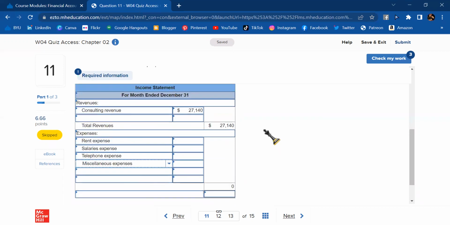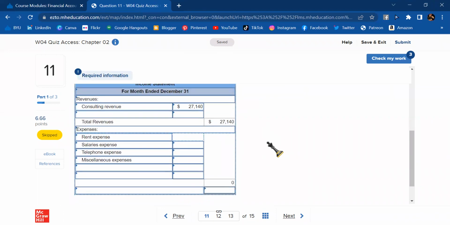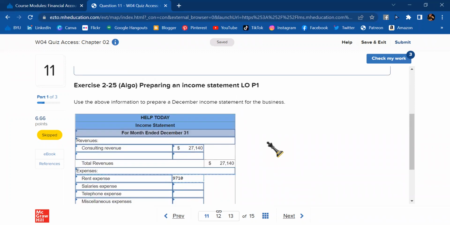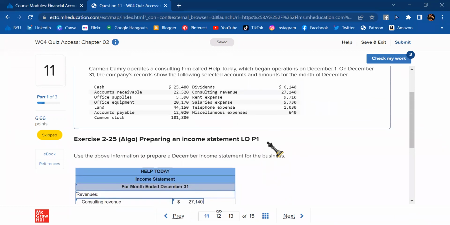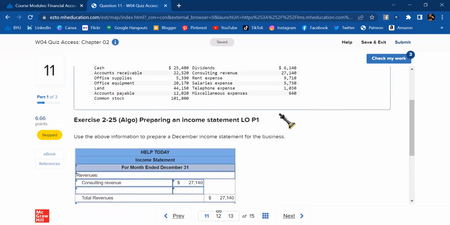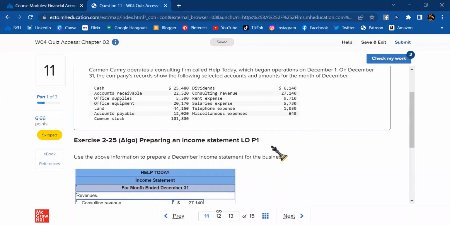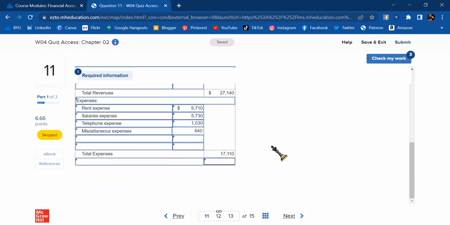Our rent expense is going to be 9,710. The next one is 5,730, followed by 1,030, and miscellaneous was 640. That should give us everything.